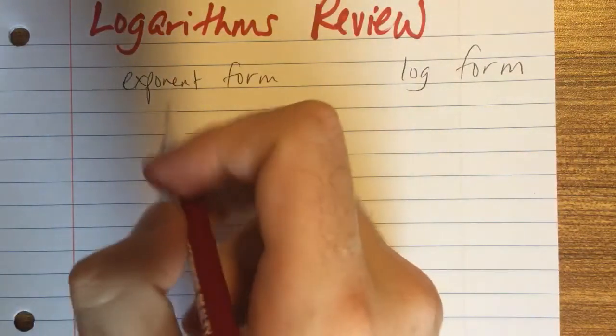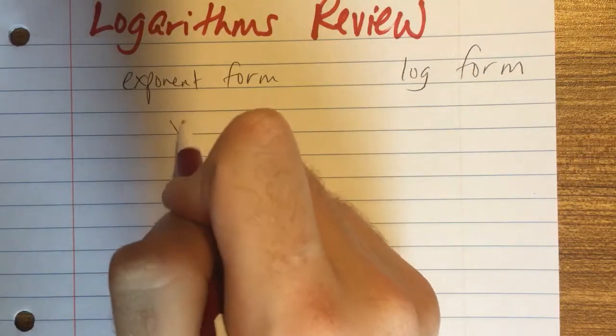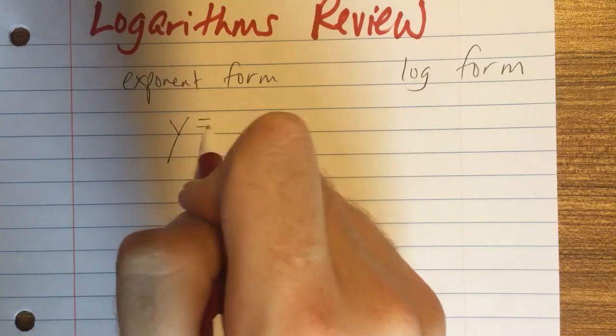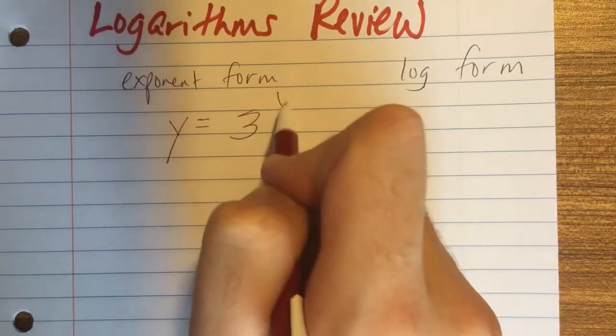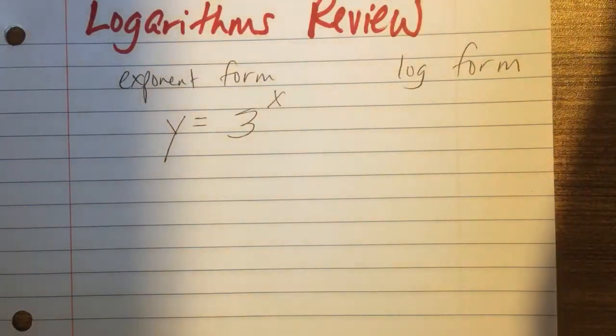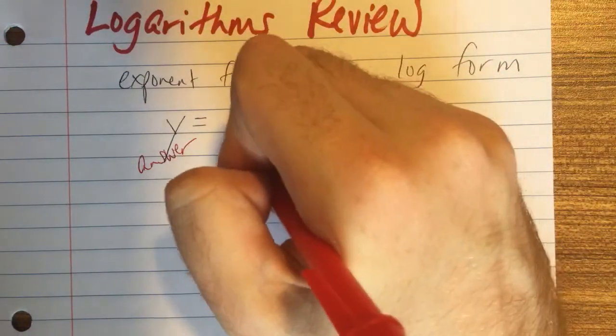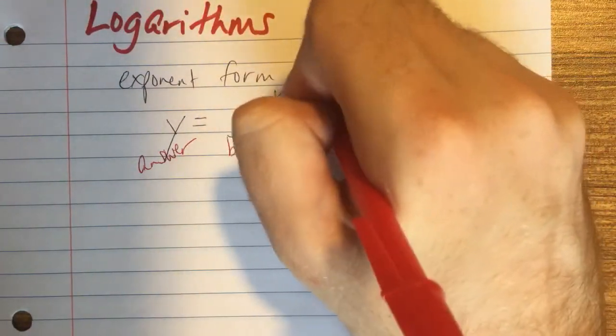So let's say, for instance, you had the exponential function in the form of exponents, y equals 3 to the x power. The y would be your answer, or the output. The 3 would be the base, and the x would be the exponent.